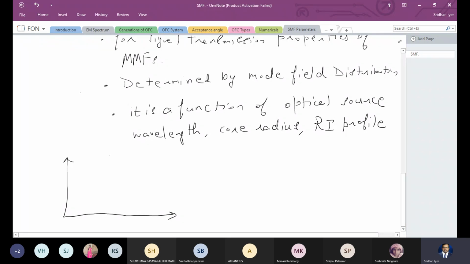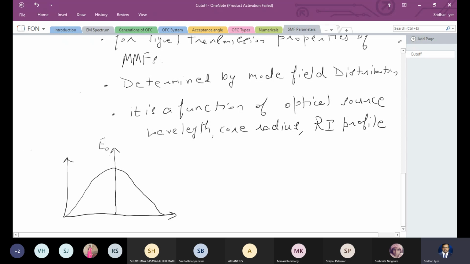Mode field diameter is based on the distribution as specified, and it looks something like this. It is spread over wavelength, and the peak which we find here we call E naught.